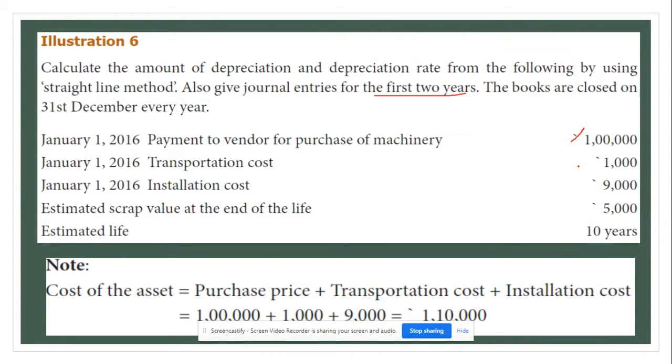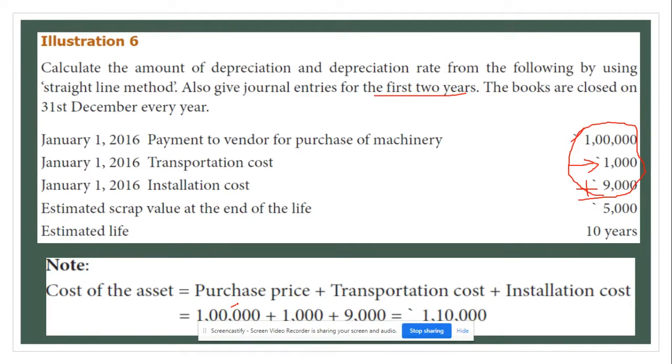They have purchased machinery for the cost of 1 lakh. That will include transportation cost. The second one is transportation cost 1000 and installation cost 9000. So both will be added. The 1000 and the 9000, a total of 10,000, will be added to the value of the machinery.